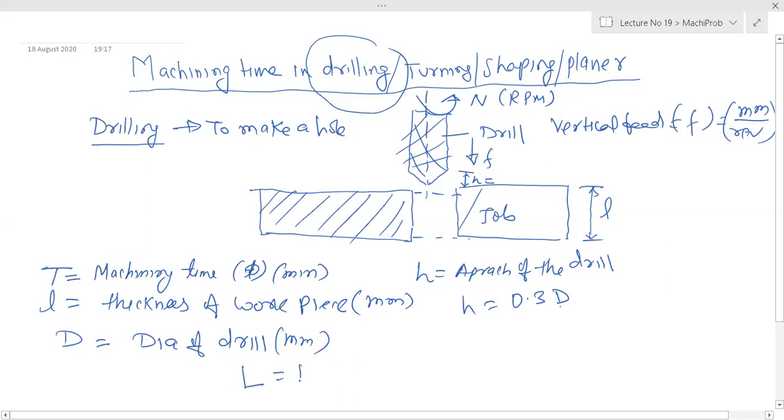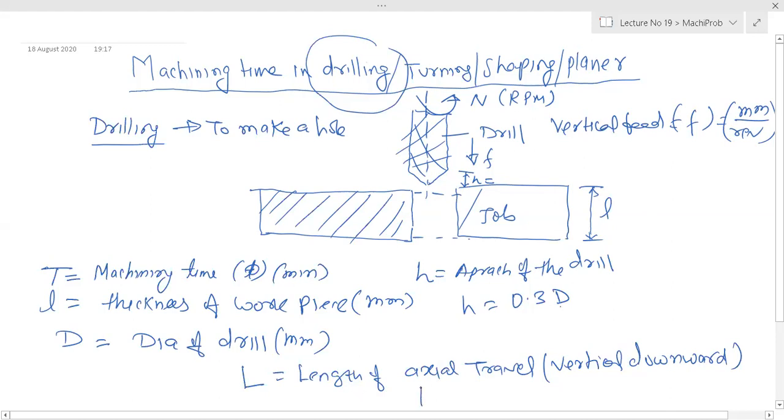So L is the length of axial travel in the downward direction, or we can say in a vertical direction, particularly downward. So this drill has to travel in the downward direction.